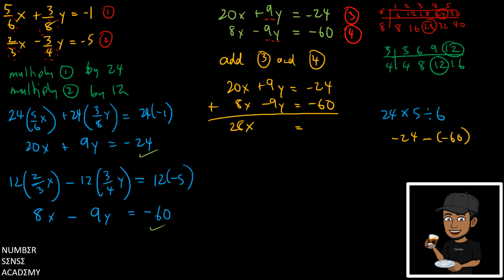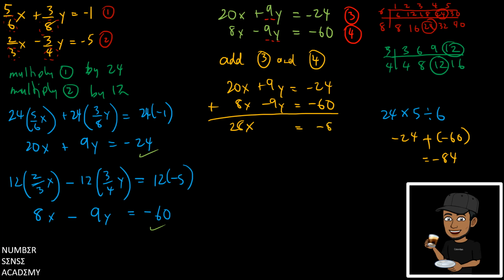There's a mistake. I'm trying to subtract them. So it's negative 24 plus minus 60. So let's see what that is. Negative 24 minus 60 is negative 84. Trying to make sure I didn't make a mistake.